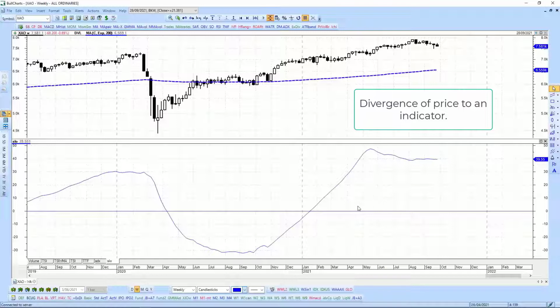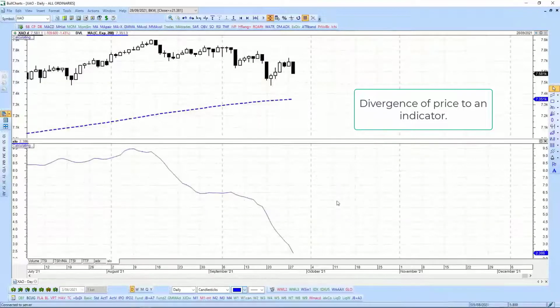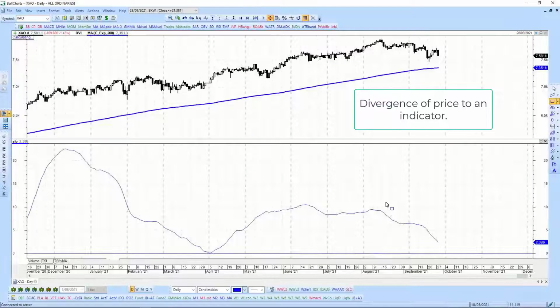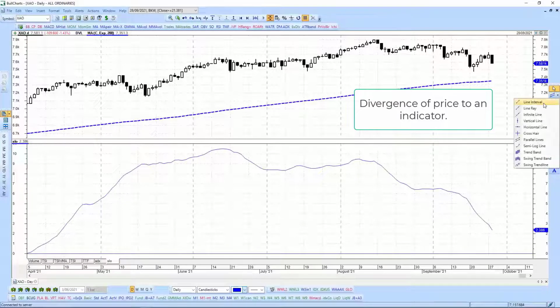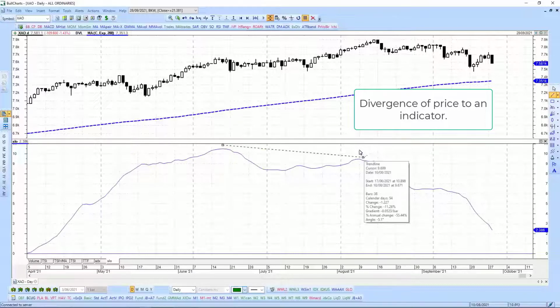I was just looking on the XAO on a daily chart. At these two peaks, there's a big divergence with the price. Well picked up. Slope's deteriorating and the price is increasing, so it's not looking great.